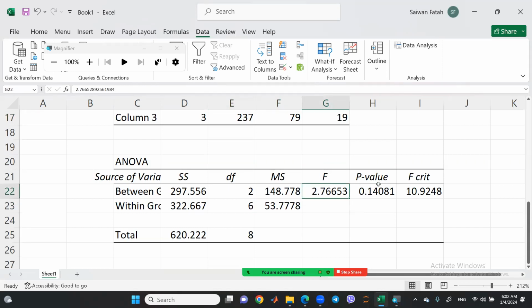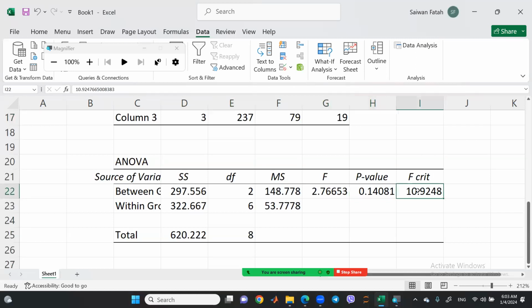Okay? Then the p-value is calculated in Excel to decide whether we accept or reject H-naught. We say if the p-value is greater than alpha, it compares with alpha, we cannot reject the null hypothesis. But if the p-value is less than alpha, we reject it.